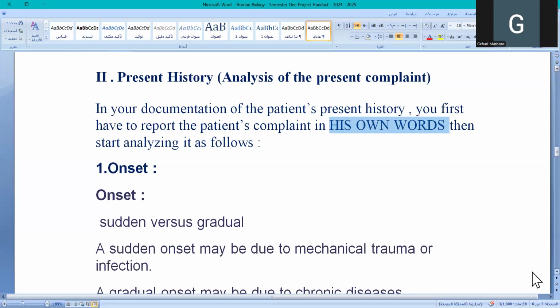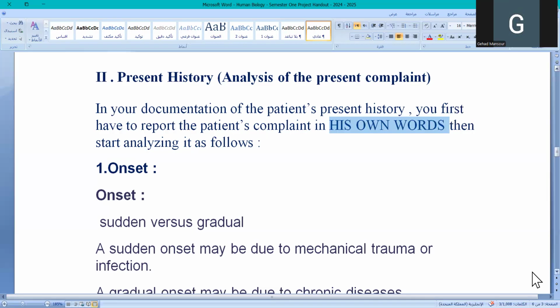It's important to know that the present history will be information around the present complaint, but you will never gain this information without asking the patient questions, because you will never examine the patient at this stage. So you will start to ask questions, but you should avoid leading questions that might force the patient to answer a particular answer.